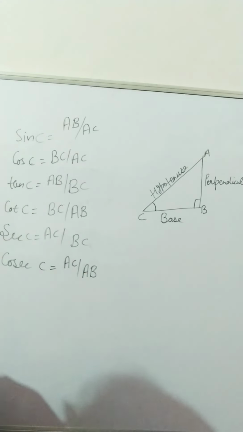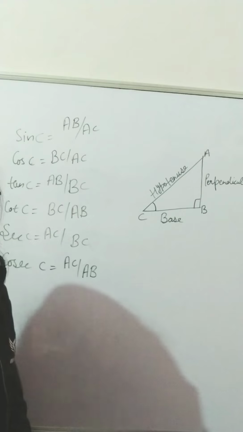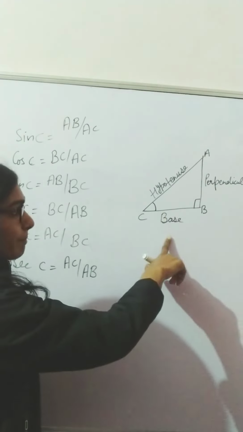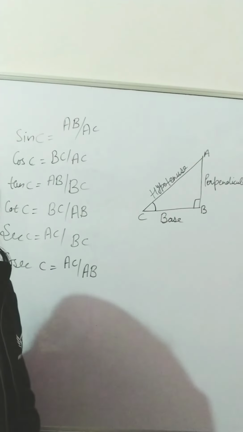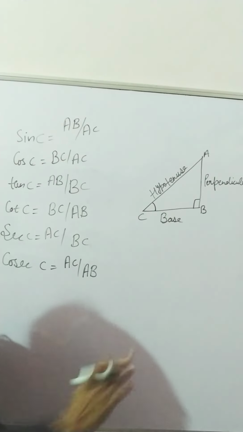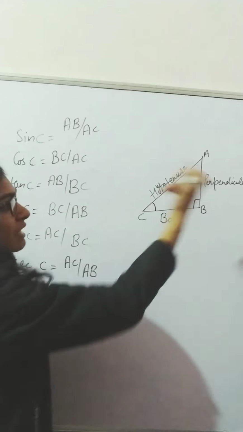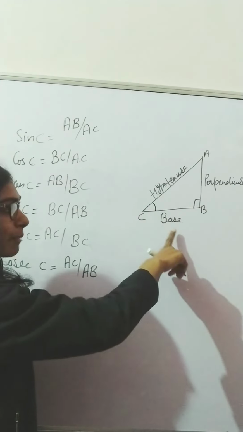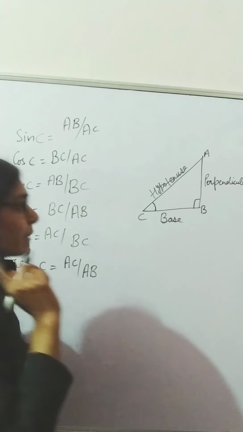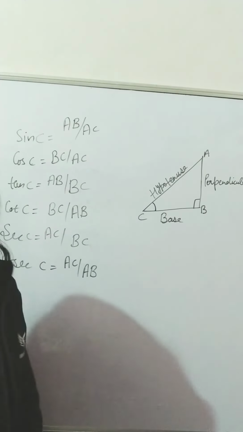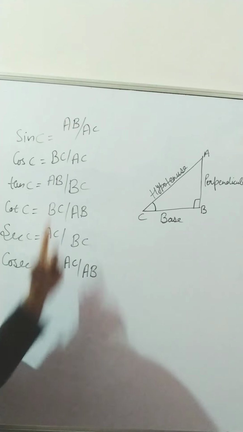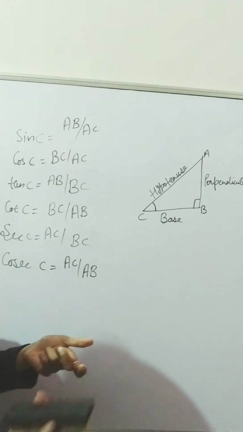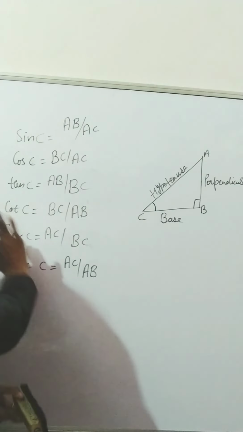Now we have found all the trigonometric ratios with the help of a right angle triangle in terms of perpendicular, base and hypotenuse with respect to angle C, where perpendicular is opposite to angle C and base is adjacent to angle C. With these 6 ratios, we can calculate further trigonometric numericals.